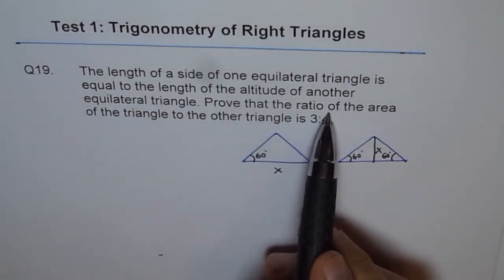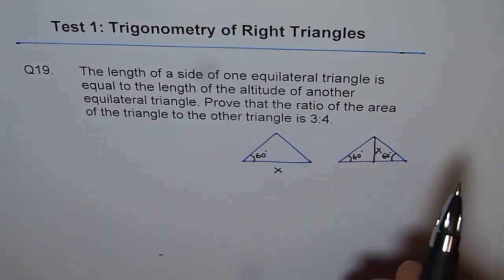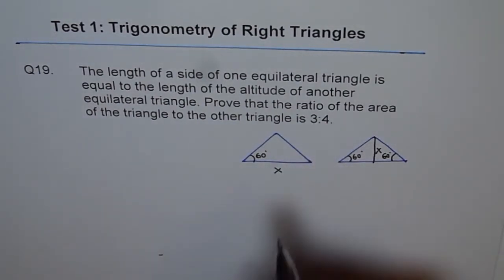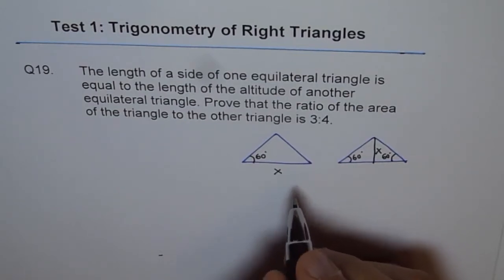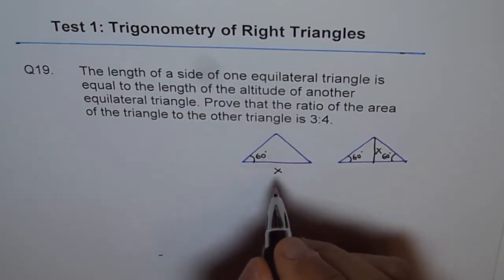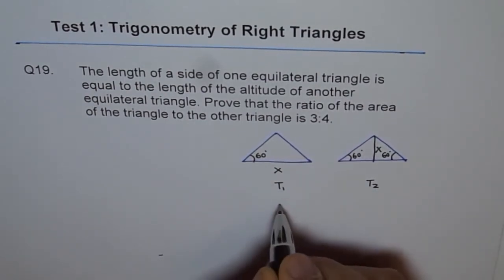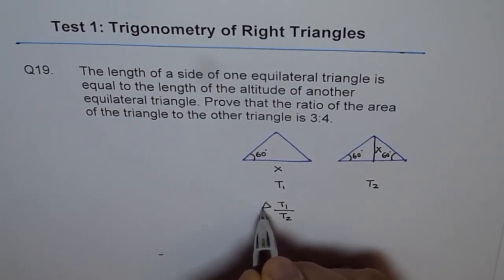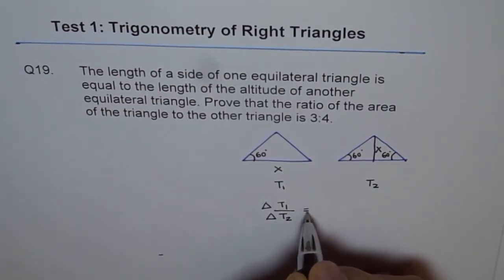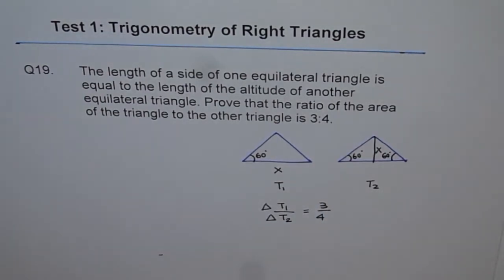Prove that the ratio of the area of the triangle to the other is 3:4. So the ratio of the area is 3:4. This is what you have to prove. That means, let's say this is our triangle 1 and this is triangle 2. We need to prove that the area of T1 over T2 is equal to 3/4.